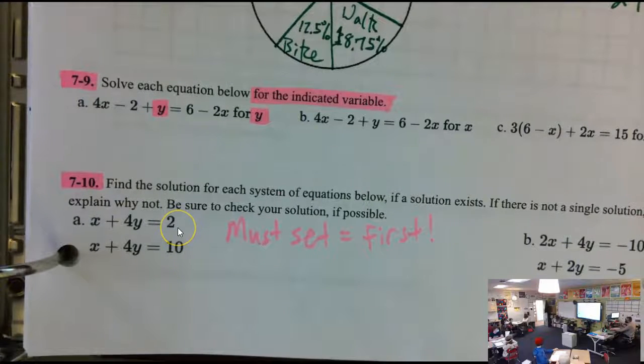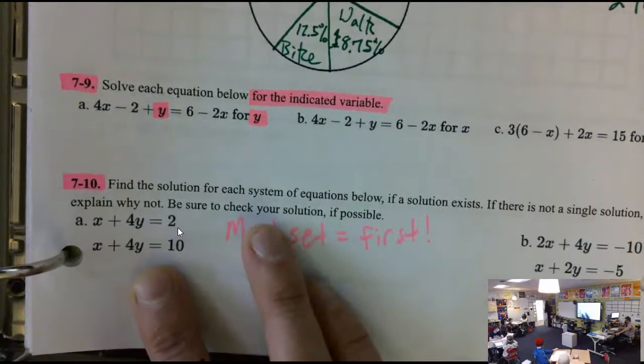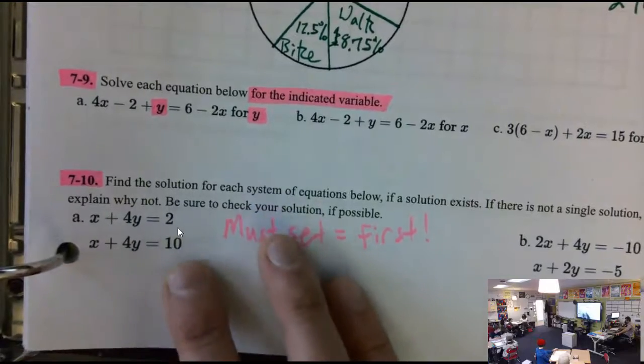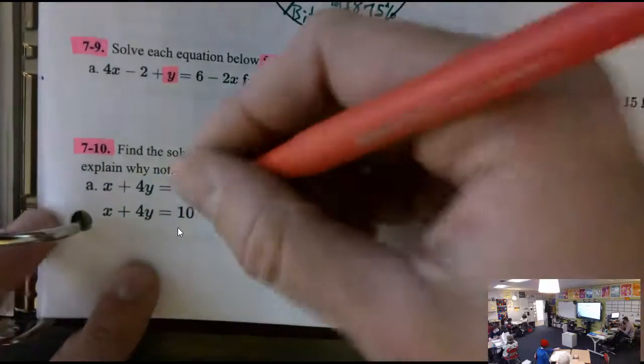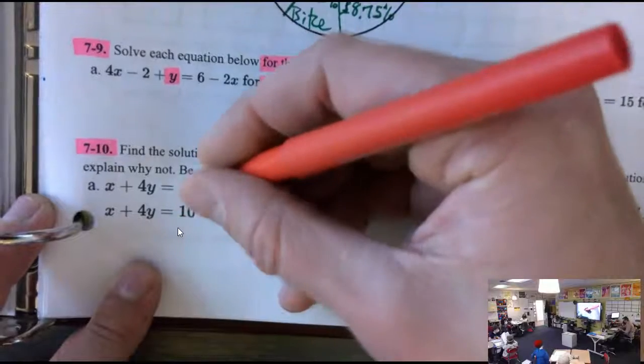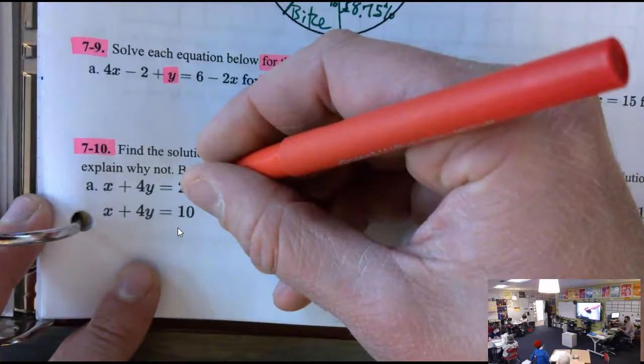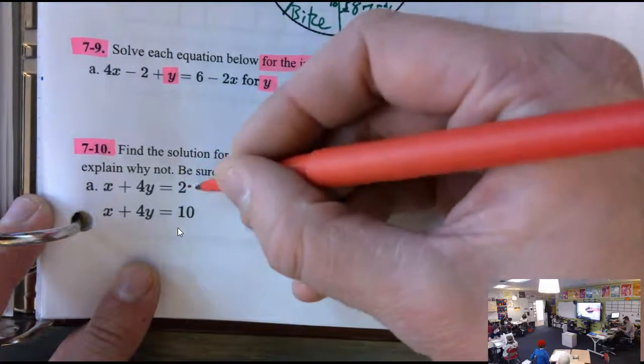So, I could, because I want to show you guys this option. Ignore what Patrick said, even though it's absolutely correct. Patrick said he figured out there's no solution because these are the same, but these are not. Watch, because I want to give you guys an idea of what does work. If I want to set these equal to each other, I just need to turn this into a 10. How can I do that?